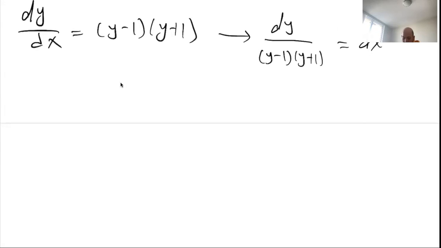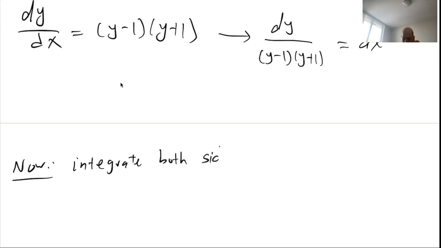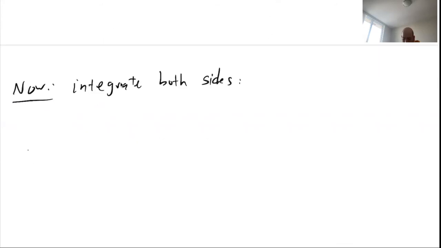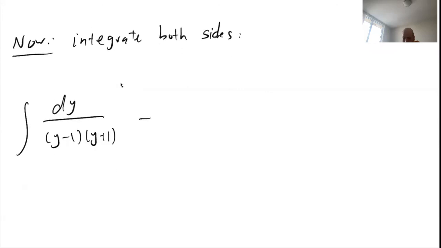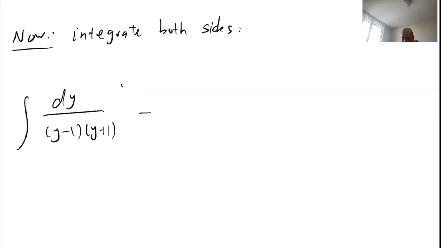So if we integrate both sides now, integrate both sides, and then we get the integral of dy over y minus 1 times y plus 1 equals the integral of dx.